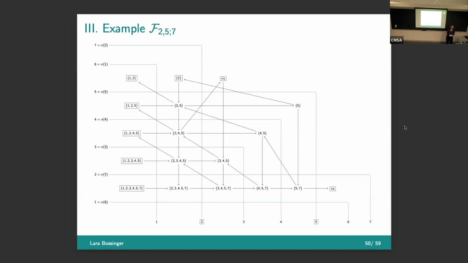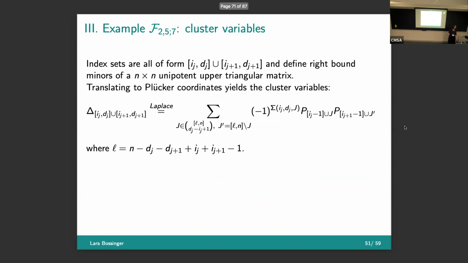Okay, great. So I told you there's a way to express them in terms of Plücker coordinates, and that's just a very linear algebra 1 calculation of Laplace expansion. So Plücker coordinates, I defined them to be index sets where my row set always starts at 1 and ends at the corresponding cardinality, and my column set varies.